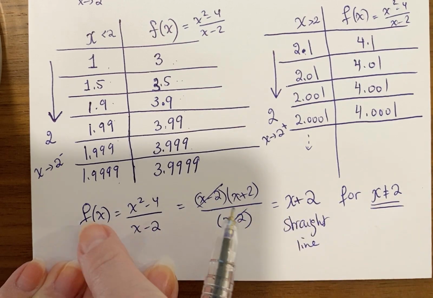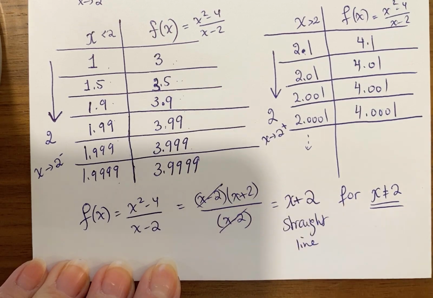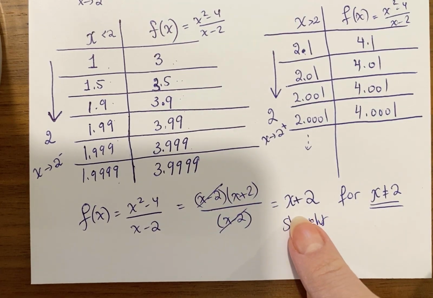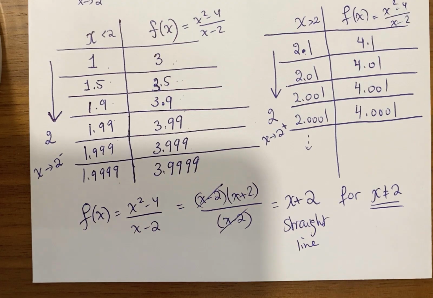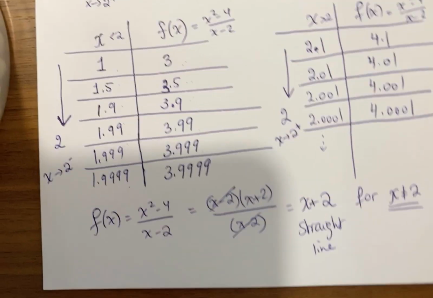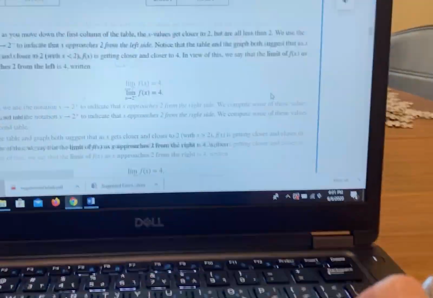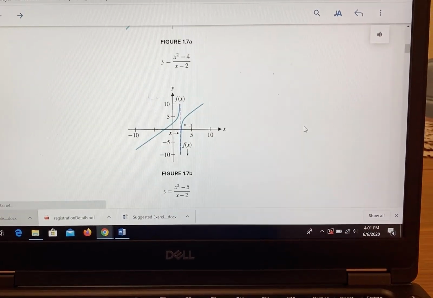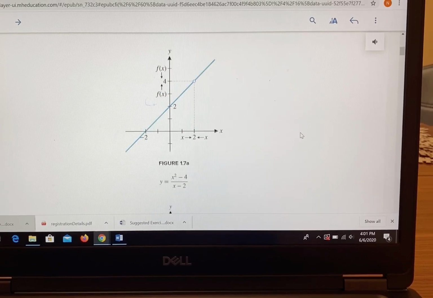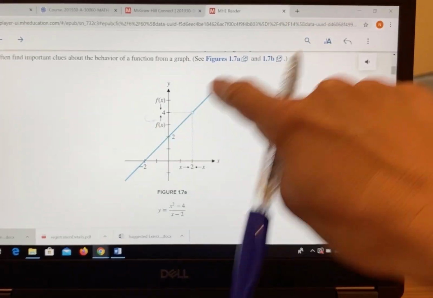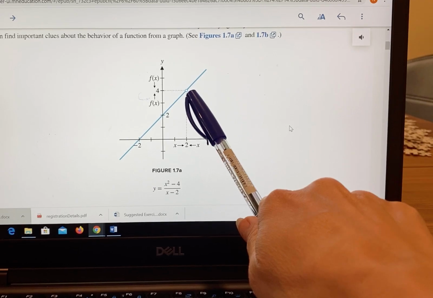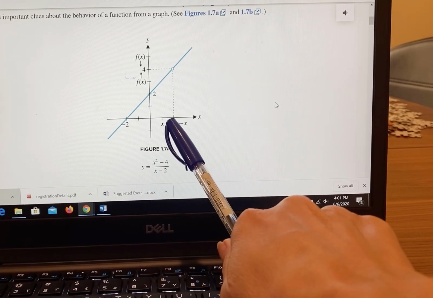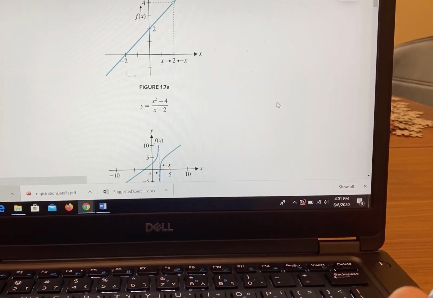So that's why this function is exactly the same as this straight line for all values of x that are not equal to 2. So that's why if you look at the graph, this function had the graph of a straight line. You see the straight line, x plus 2. The straight line with only one hole. Where is the hole? The hole is at 2, because at 2 that function is not defined.